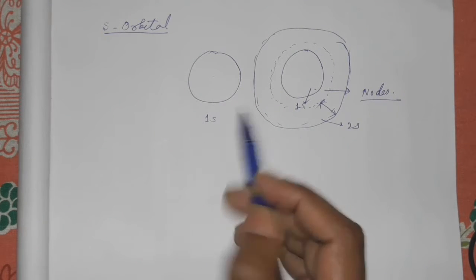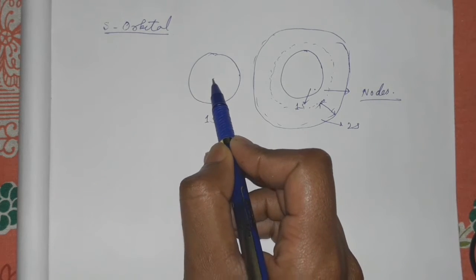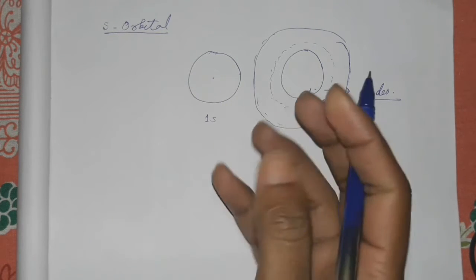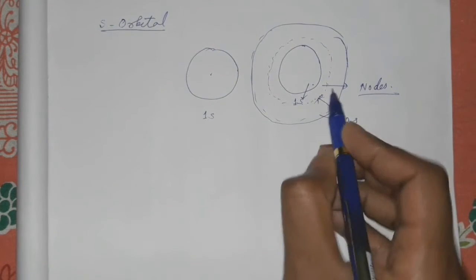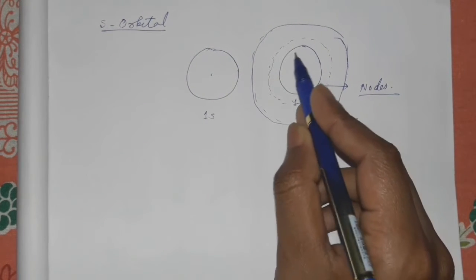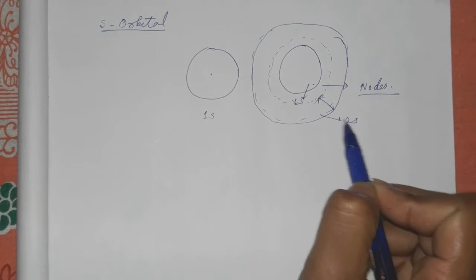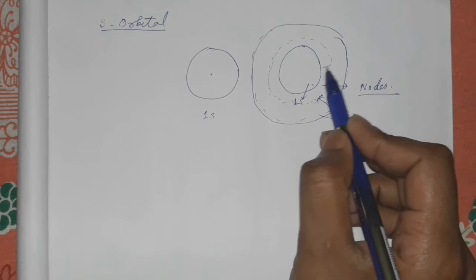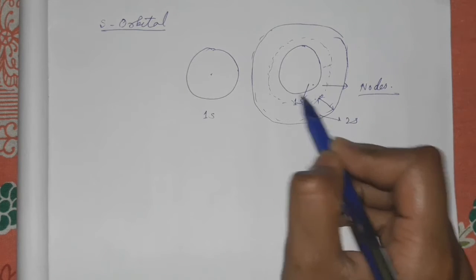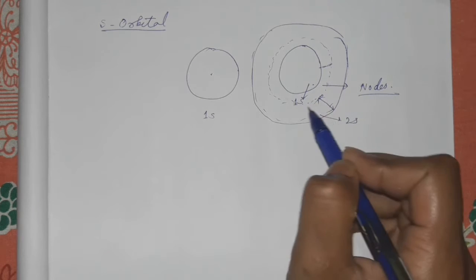Although here we can see the circular shape, in reality the s orbitals are spherical. So if we see the structure of one s orbital, this is one s orbital, and if we try to draw two s orbitals, then we will get one portion after the 1s orbital where there will not be any electron.